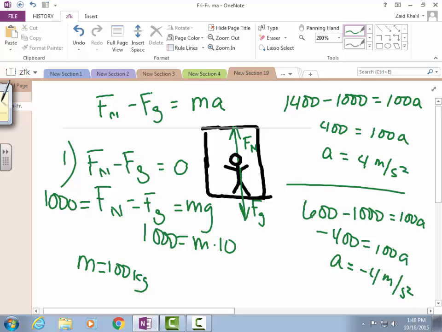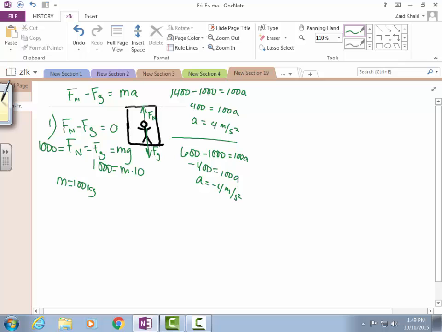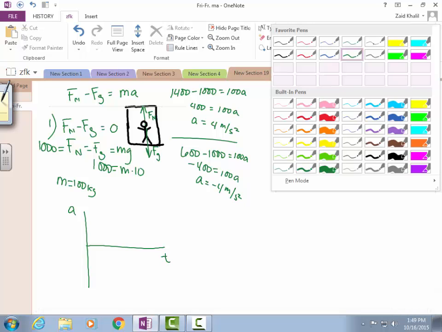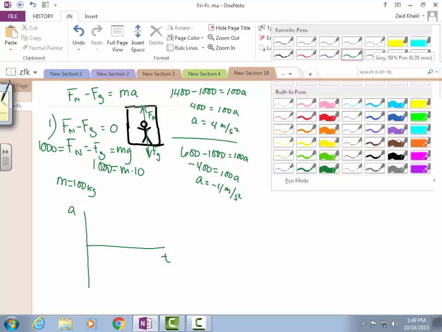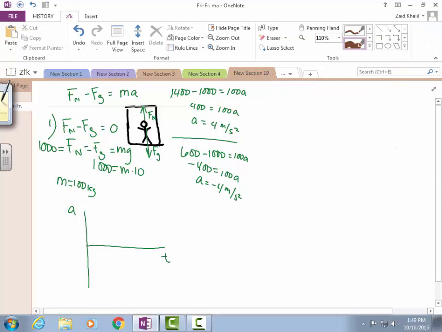Now what? Now we graph it. Let's do all sorts of graphs. So, first graph I want to do is a. So here is a, t. What does this look like? Let's use, I don't know, red. Is that red? All right, so perfect.